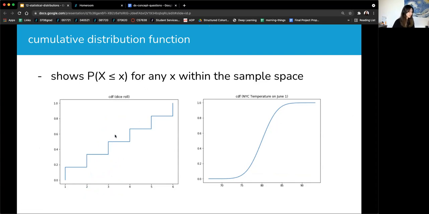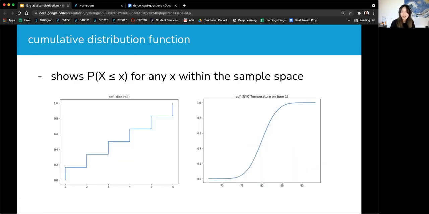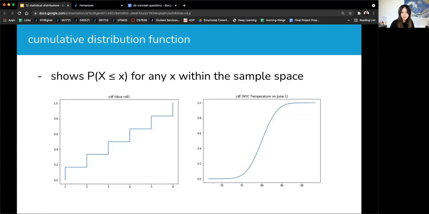So in the example of a dice roll, instead of having 6 bars that go straight across, instead of having straight bars that go across from 1 through 6 at the same probability, this measures the probability that X is less than or equal to a certain value.